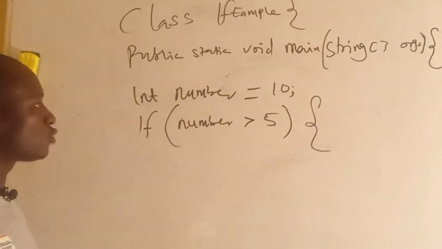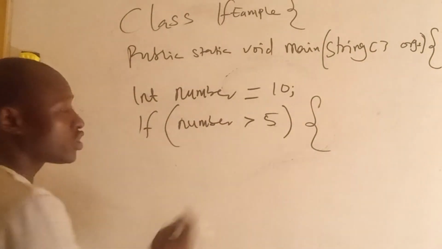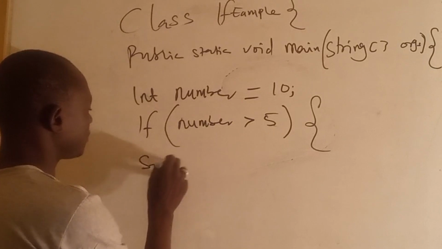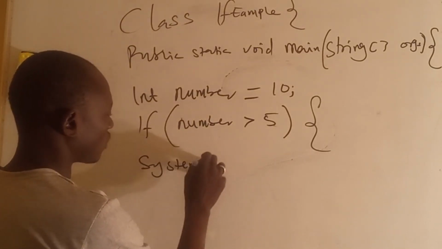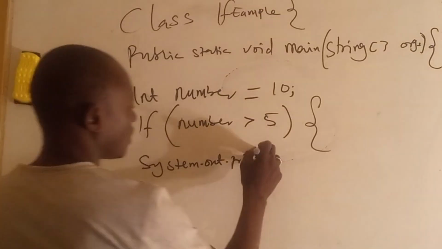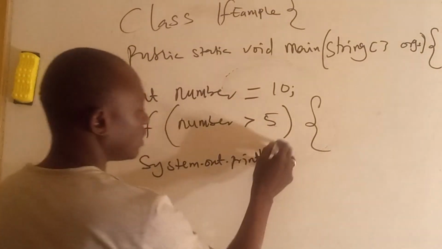What do you want the program to do for you? Here you can just call your output function, System.out.print, or println for the next line.